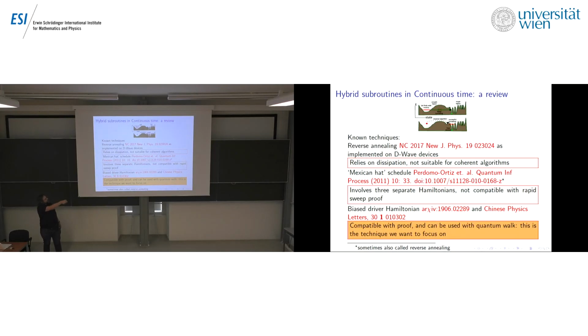And then there's a bias driver Hamiltonian idea by Tobias Grass and also by the authors of this Chinese Physics Letters paper, which is compatible with what we've shown before, and I'll discuss that later on. Before I do, I just want to quickly discuss some experiments that have actually been done with this, because you can do experiments on this since there's an actual device.